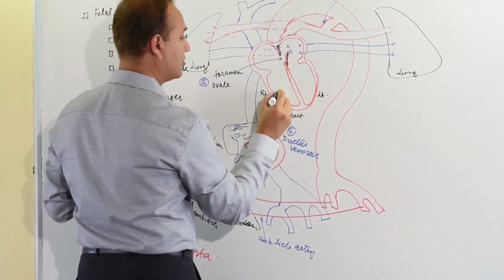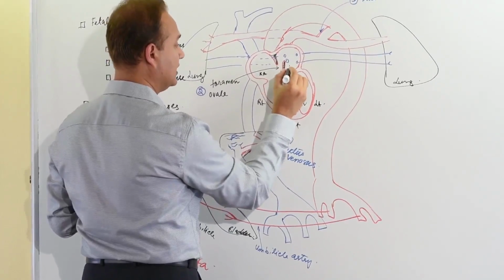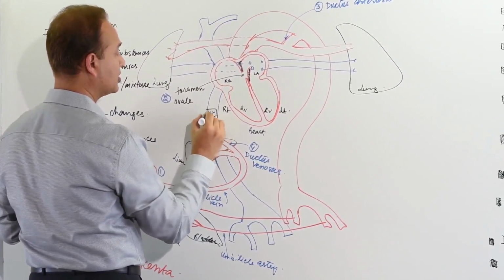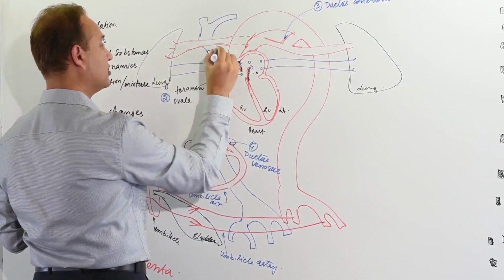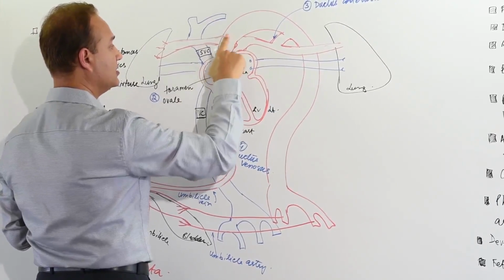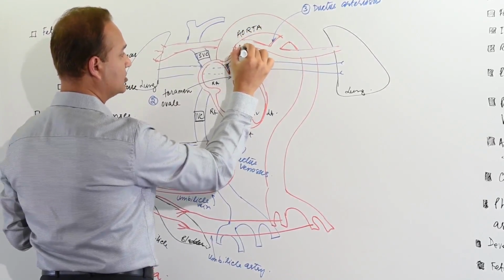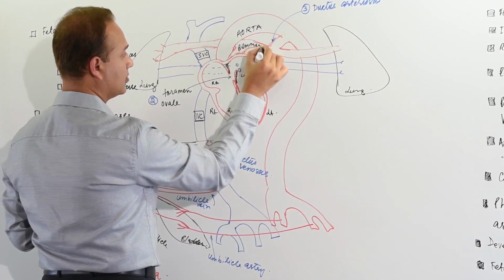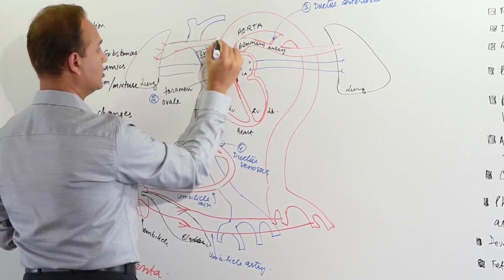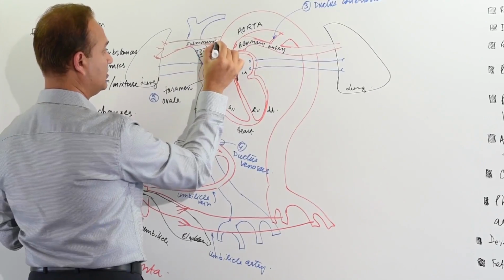This is the right ventricle, this is the left ventricle, right atrium, left atrium, this is the inferior vena cava, this is the superior vena cava, this one is the aorta, this is the pulmonary artery, and similarly this is also a pulmonary artery.